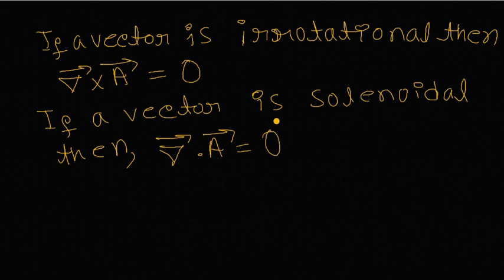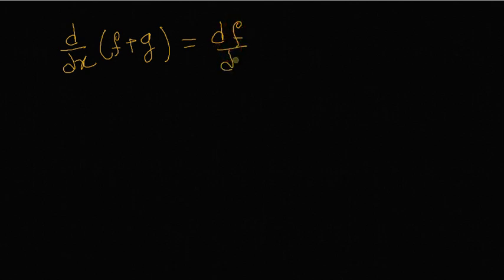Now let us discuss the product rules. So we know that for derivatives, if we take two functions f and g and differentiate them, we can write it as df/dx plus dg/dx.